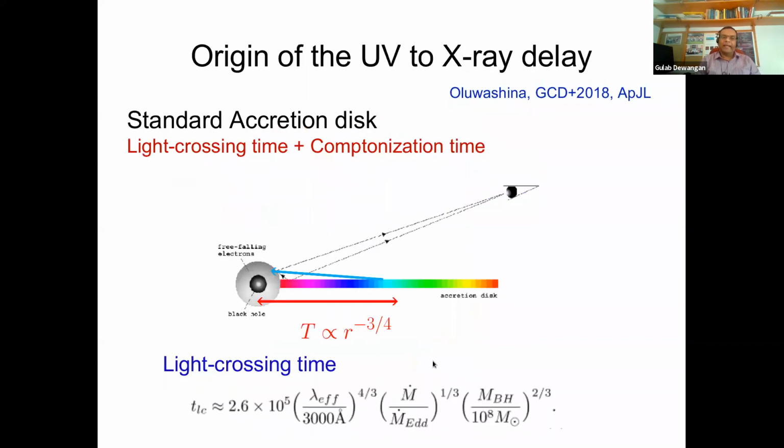The important thing is that because the UV is leading here, and the UV is arising at some radius R, this UV radiation has to travel to the X-ray corona, so the light travel time comes into the picture. Then the UV photons have to go through multiple Comptonized scatterings. If the sum of this light travel time and the Comptonization time is consistent with the observed delay, then one can say that this is due to the Comptonization itself.